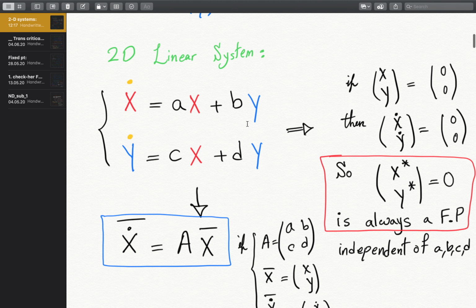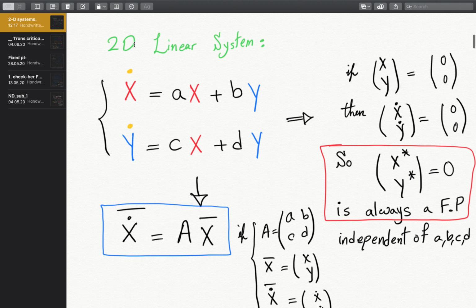As Professor Pipa said in the lectures, in the 2D system, you can say x dot is equal to ax plus by. Is it linear or nonlinear?